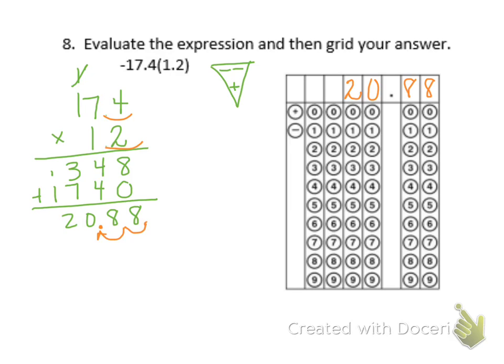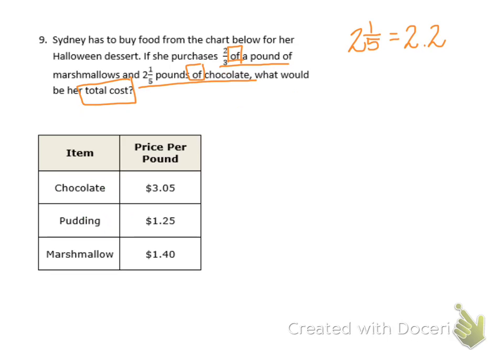Alright, so remember if we go back we have a negative times a positive. So a negative times a positive gives me a negative. So my answer is negative. I have to make sure that I bubble that into my grid here, otherwise the answer will be wrong. So negative 20 and 88/100ths is my answer.